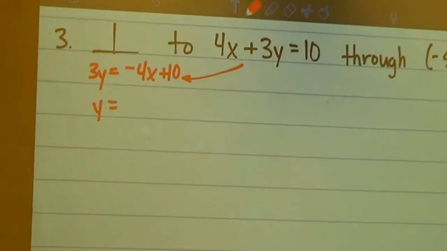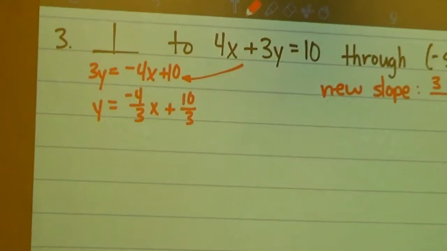So y would equal negative 4/3 x plus 10/3. So our new slope is what? Good, positive 3/4.